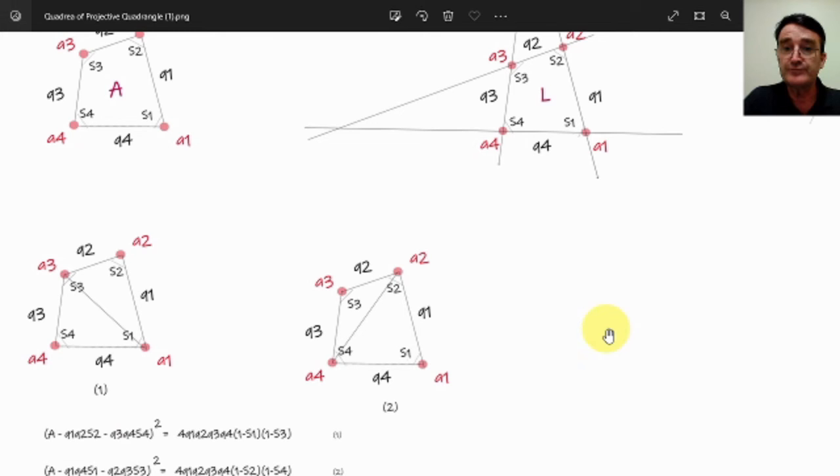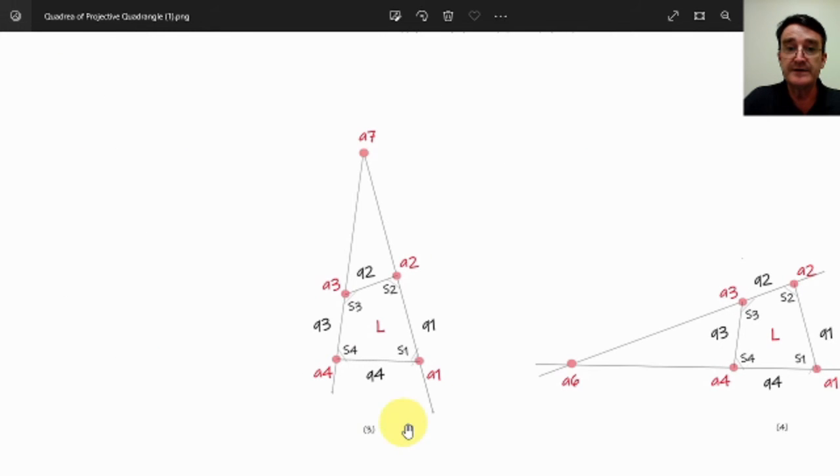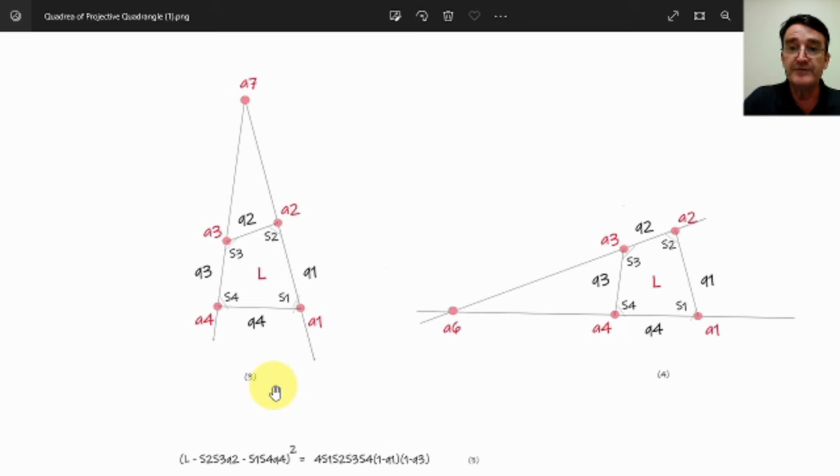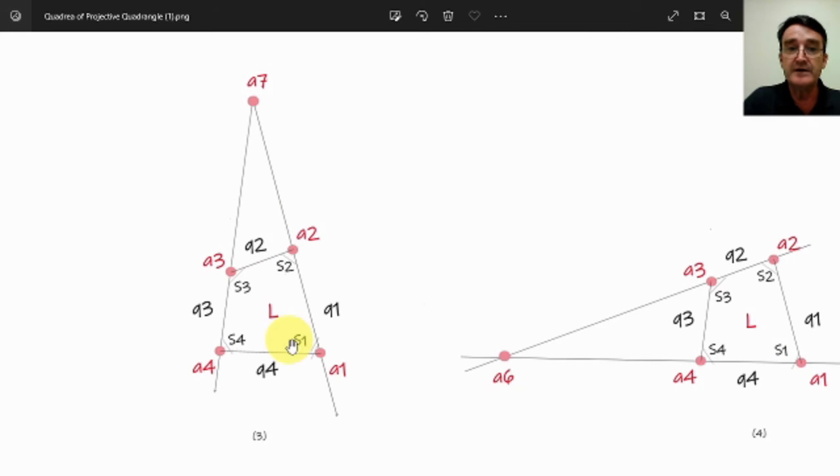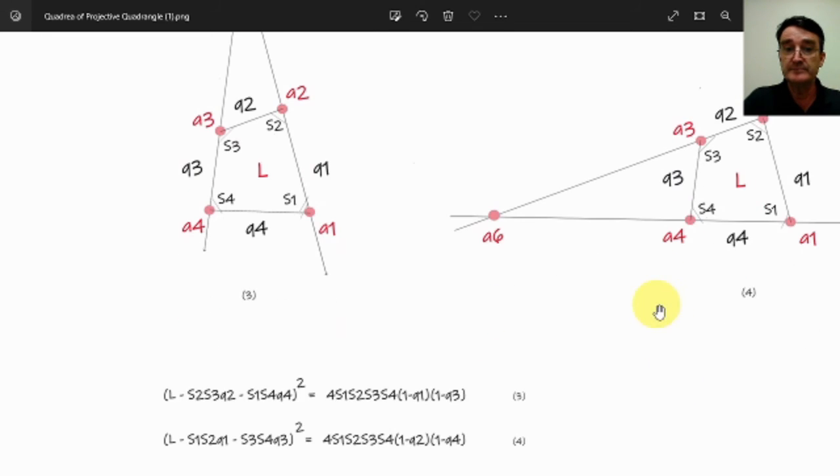So the first triangulation is figure 3, and here's our quadrilateral shape, and over here is figure 4, and it's the same quadrilateral, consisting of projective points A1, A2, A3, A4, and lines A1A2, A2A3, A3A4, and A4A1.